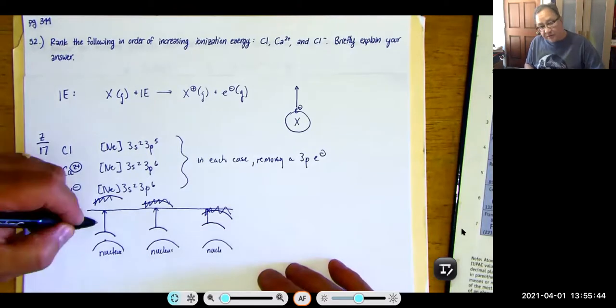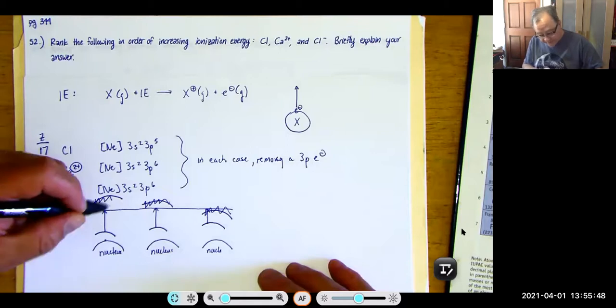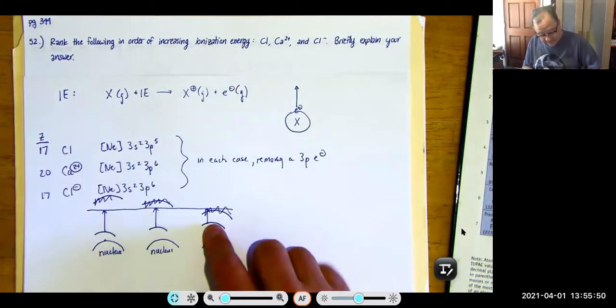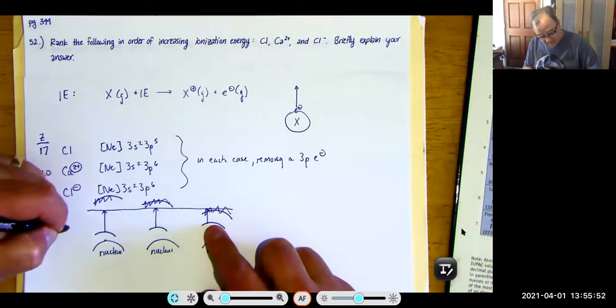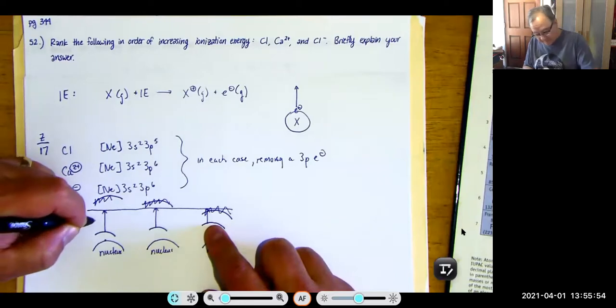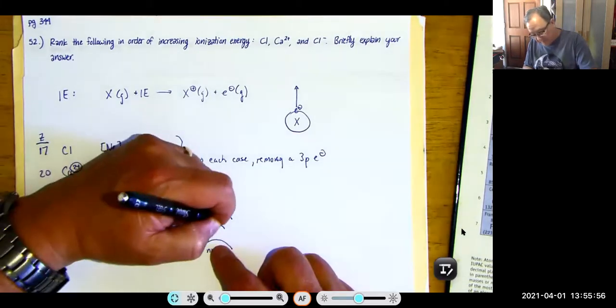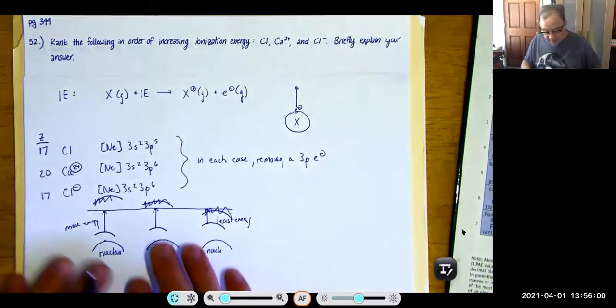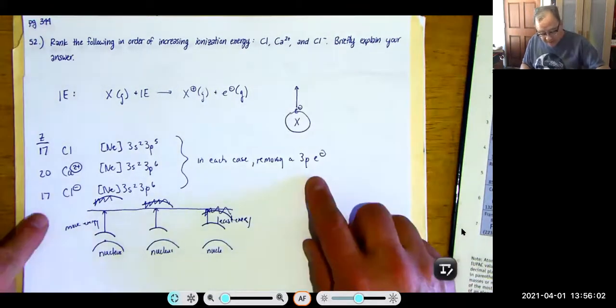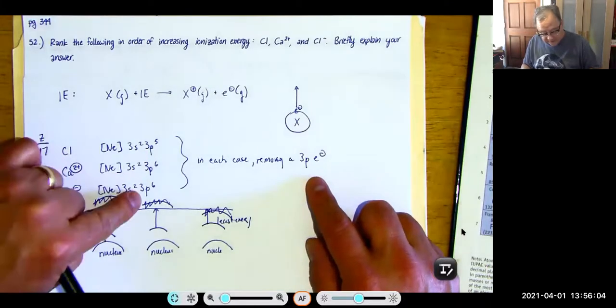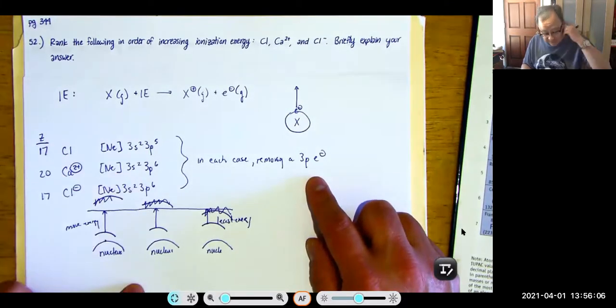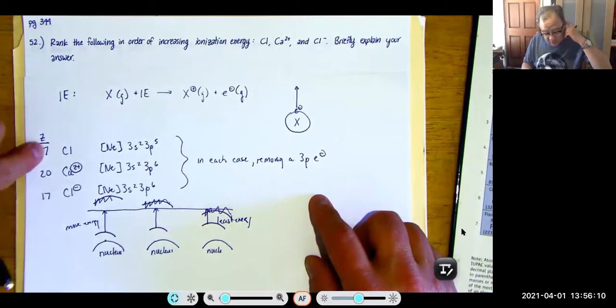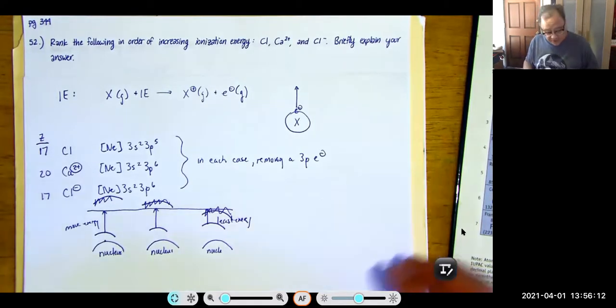So since this arrow is longer, it's going to take more energy. Since this arrow is the shortest, it's going to take the least energy. So based on what we have here, that we're looking at the third shell for each of these, and in fact the same subshell, and we have a different number of protons here, which one is going to be the smallest and which one's the largest?